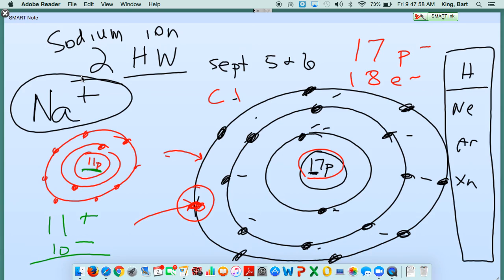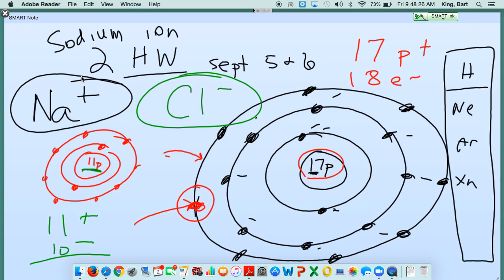So if you've got 18 negatives and 17 positives, what is 17 plus a negative 18? Negative 1. Okay? So now chlorine is not the atom anymore. It's chlorine, the ion. And we would show it like that. It has a negative 1 charge.